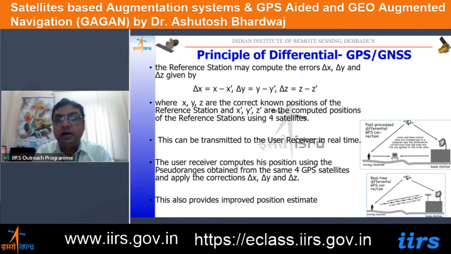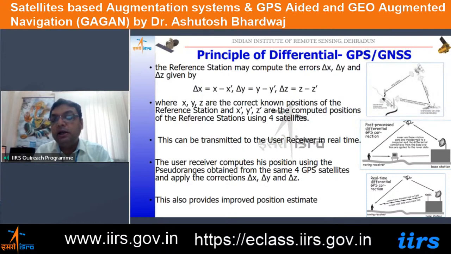One we place at the known location, and that known location we call the base station, and the place where we install the GPS to compute the new or unknown location in the field, particularly for the GCPs and the checkpoints, are required for various applications, including the georeferencing of the datasets or the triangulation of the stereo datasets. And this also we have seen, that we can do the processing of the DGPS data either in the post-processing mode or in the real-time kinematic mode.